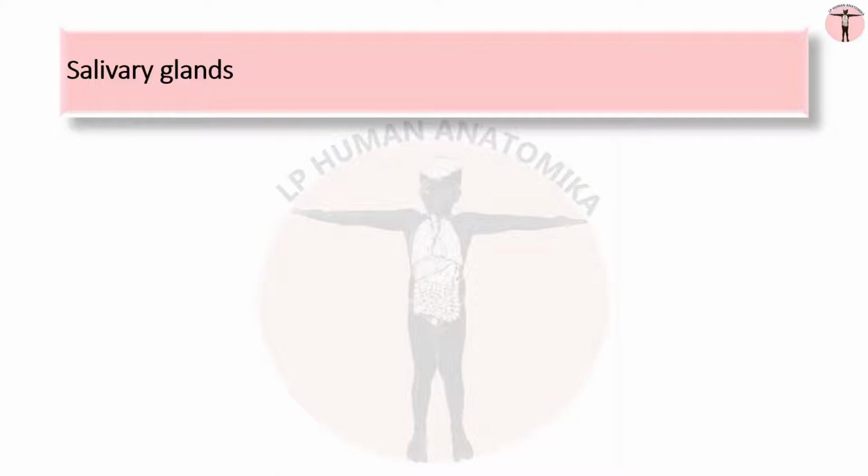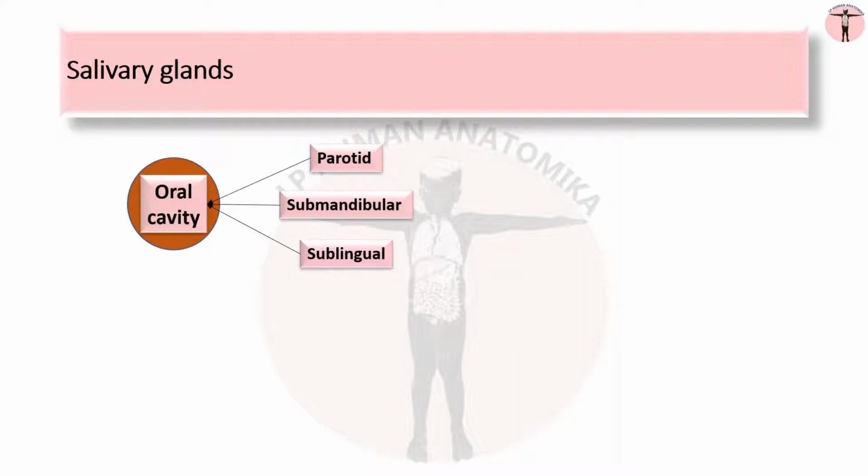As already discussed in the previous slide, the three major salivary glands are parotid, submandibular, and sublingual. These three glands are located outside the oral cavity and convey the secretions into the mouth through large excretory ducts.